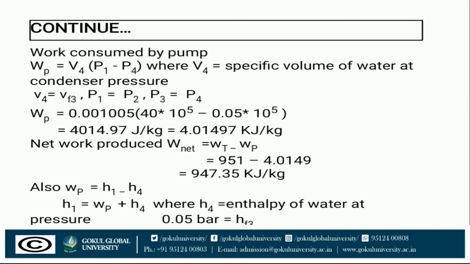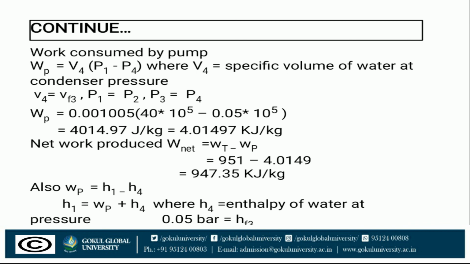Now we find the net work produced: W net is equal to the work produced by the turbine minus the work consumed by the pump. Putting in the values, WT is 951.37 minus WP 4.0149, which is equal to 947.35 kilojoule per kg. Also, we know that WP is equal to H1 minus H4.